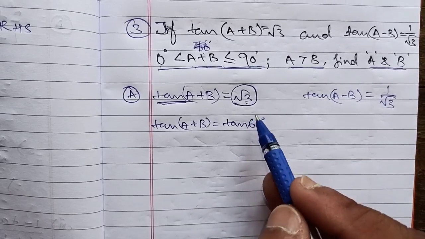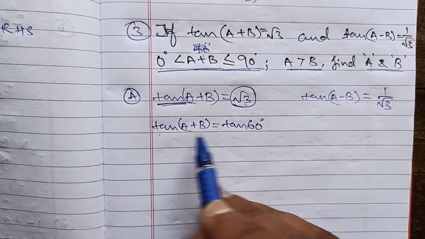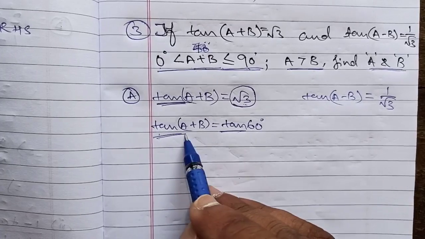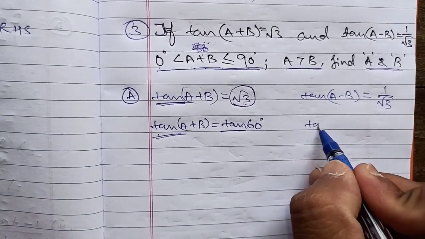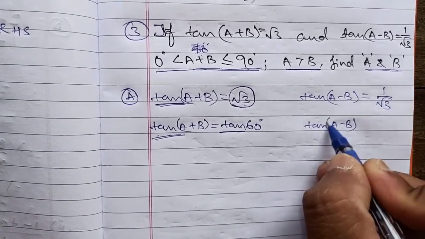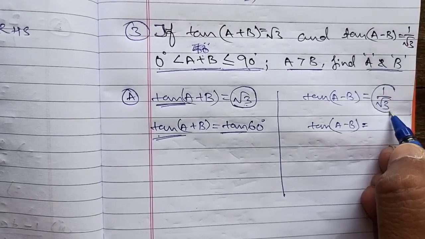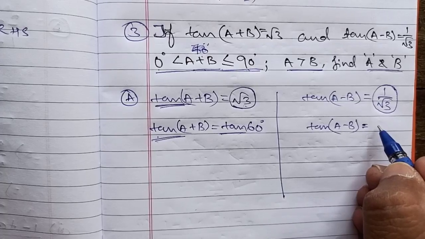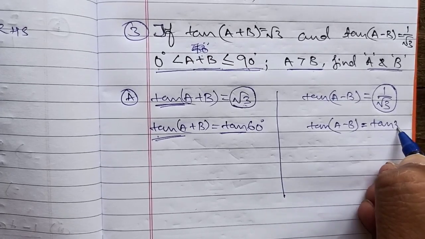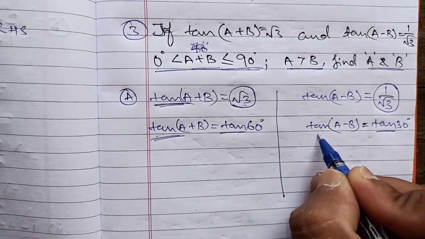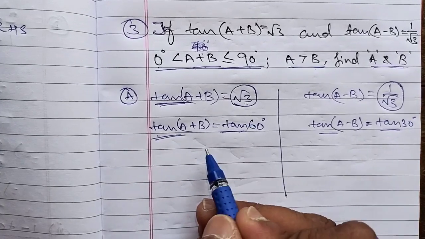So both sides we got the same ratios. Now similarly here, tan a minus b equals 1 by root 3 is again given in the tan table, that is tan 30 degrees. So again both sides we got tan, it will be removed.